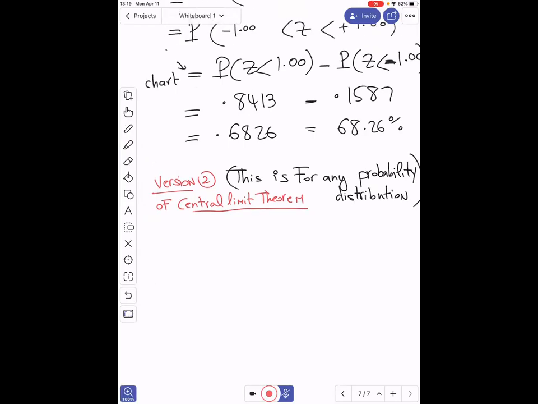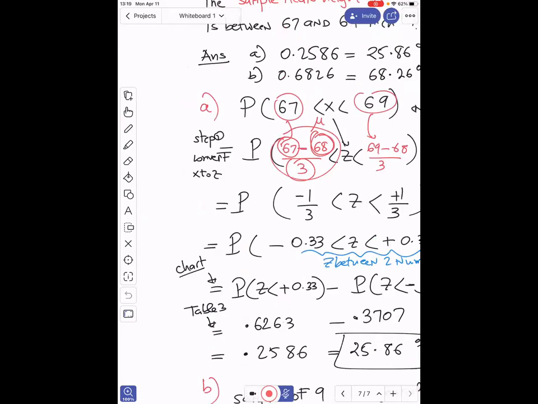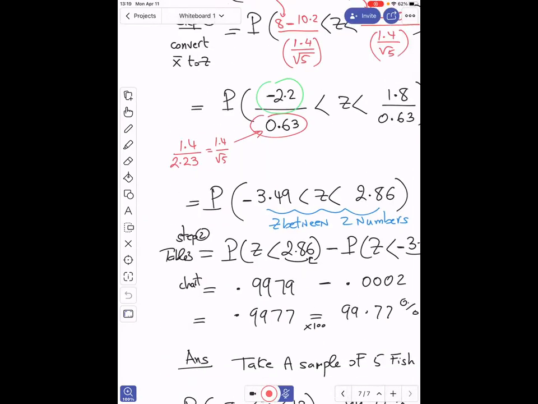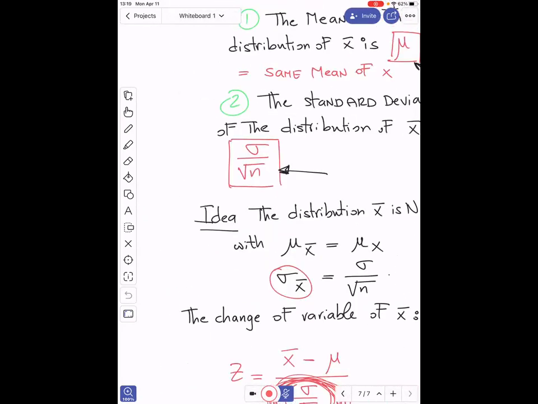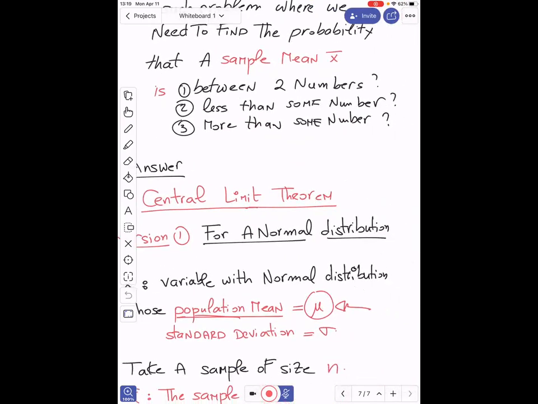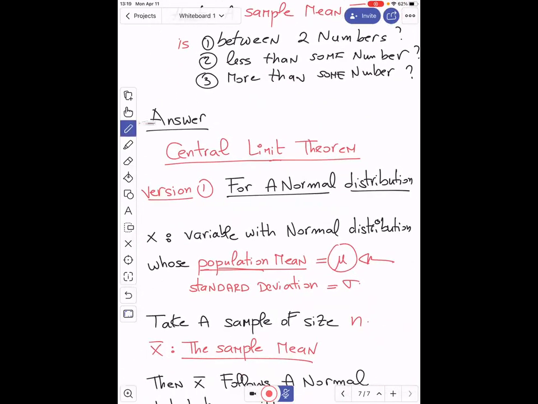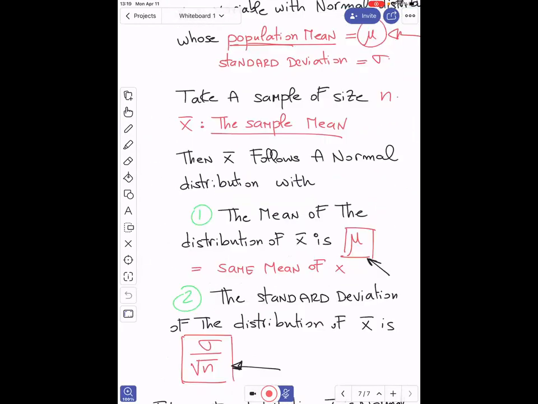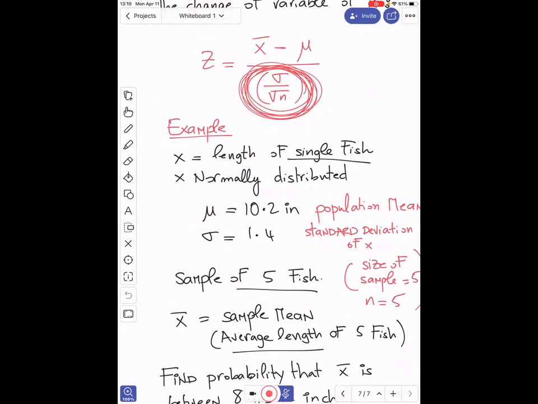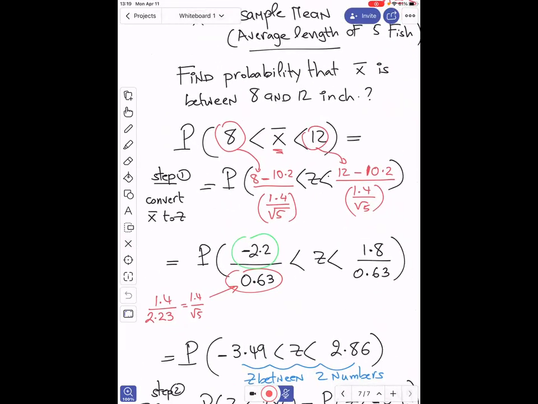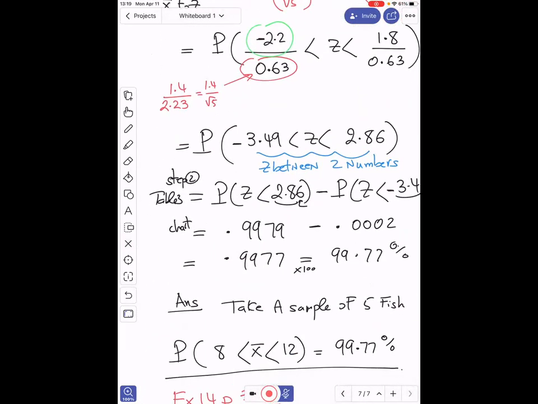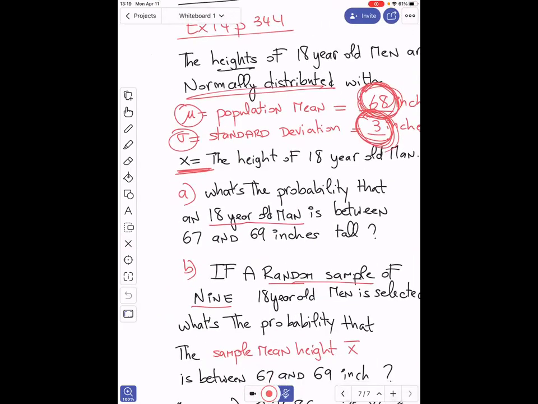So let me compare again. In the first version of the central limit theorem, version 1, we said this is for a normal distribution, when X follows a normal distribution. In this version 2, your X is a random variable with any probability distribution. It doesn't have to be a normal distribution.